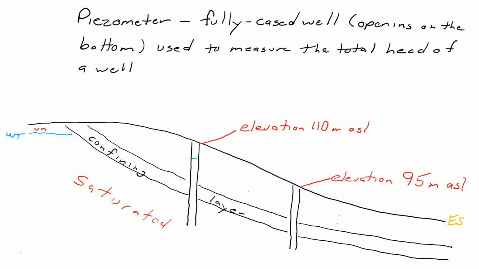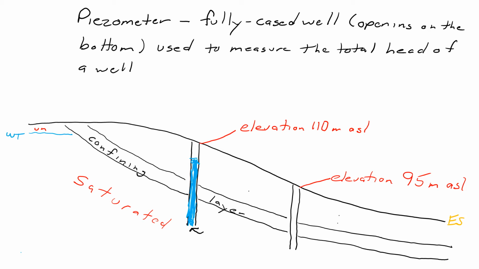Now, let's do well 1 here. You poke this well down. The only opening is right here at the bottom. And the water in that well rises to this level right here. So the water's under pressure.